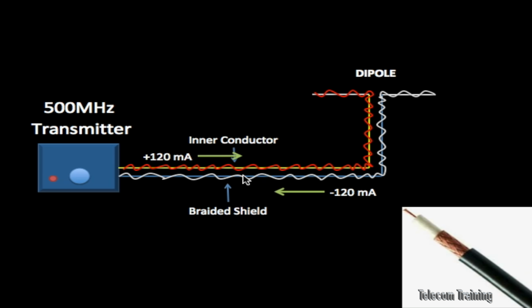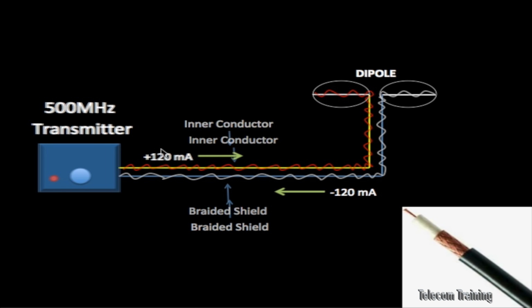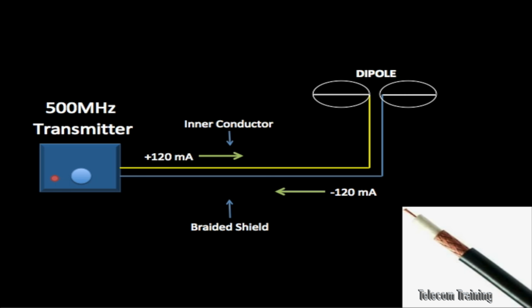So because we have equal but opposite currents, the electromagnetic field developed around the conductors as a result of this alternating current would be cancelled, because they will cancel each other out. So once cancelled, we will have no radiation being transmitted from the cable. The only radiation transmitted would be from the antenna.